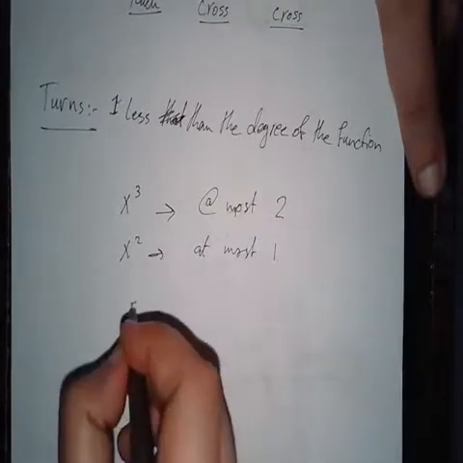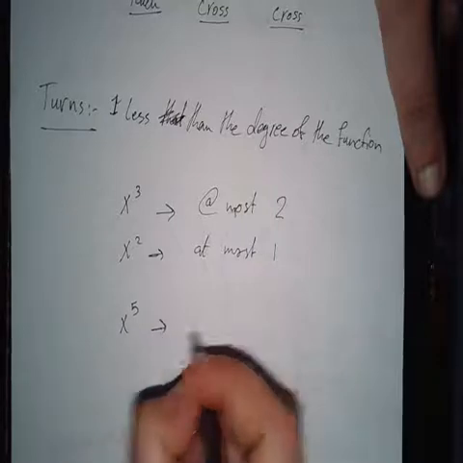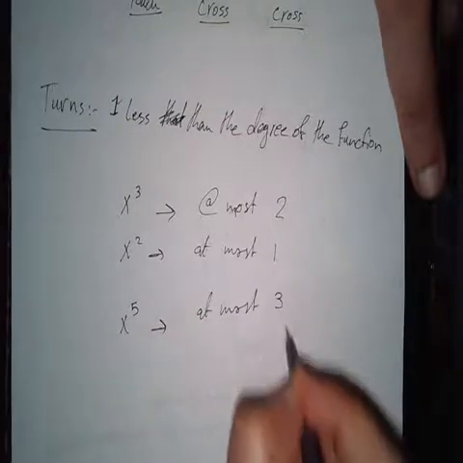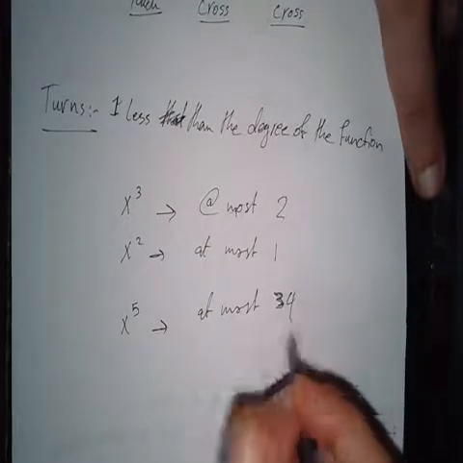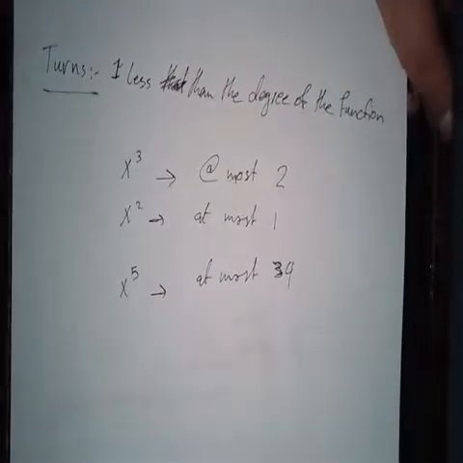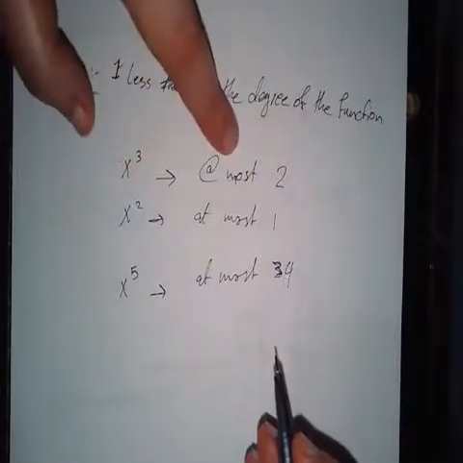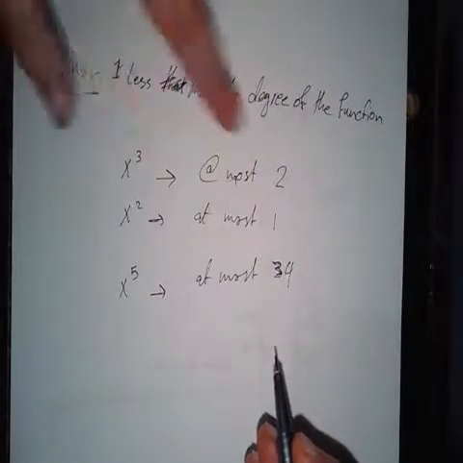If it's the 5th degree, you're going to have at most 4. Sorry, I thought I put a 4 there. If you're spotting the pattern, it's 1 less at most.